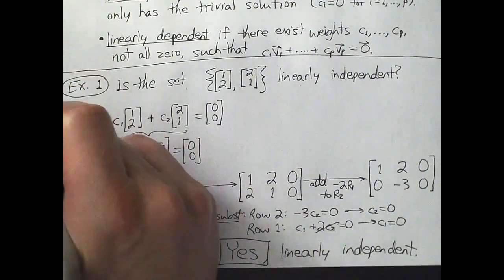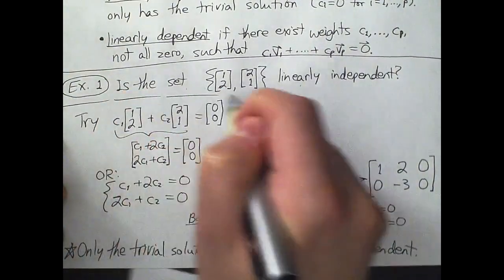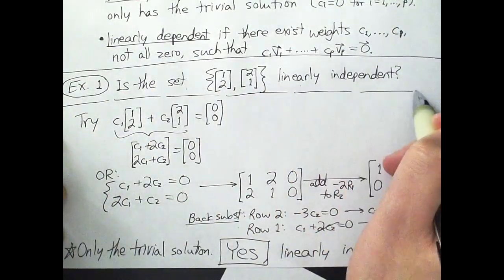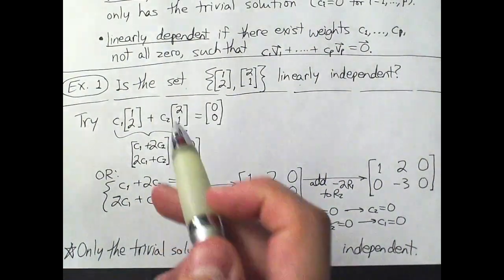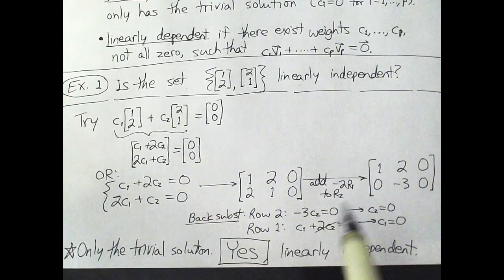This question, the way it was phrased, this is all it said. It didn't tell us to solve a system. It was just a yes or no question about this concept of linear independence. But we figured out along the way that solving a system would help us answer the question.